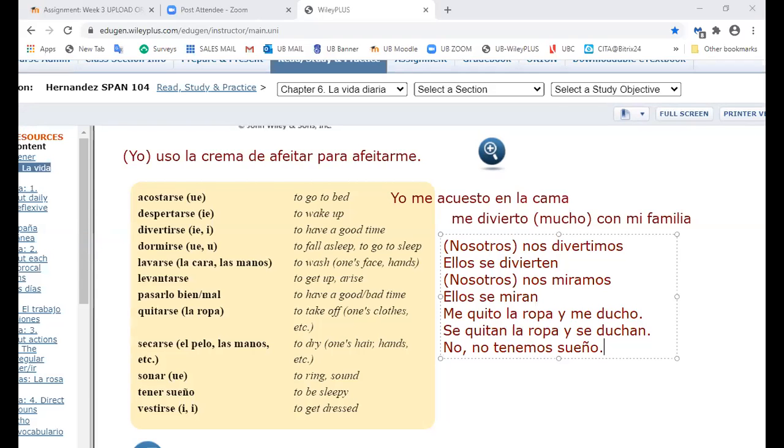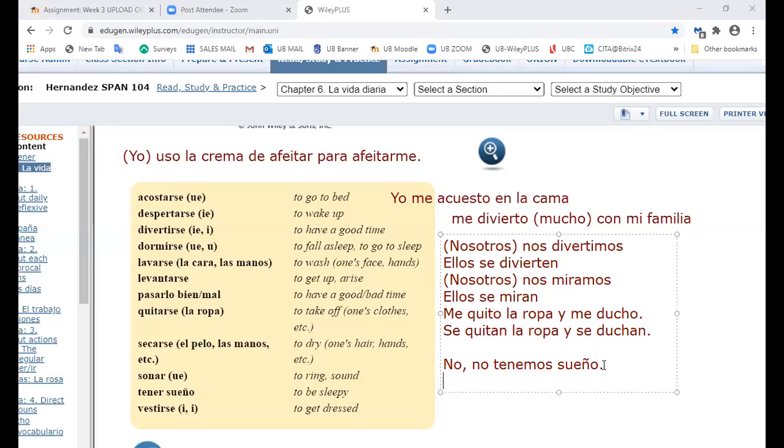Those verbs that were not reflexive, they are still to be used in the same way you learned them. Oh, okay. So when we use this after mañana, that's different. Well, mañana is just a complement of time. Okay. Do you understand the question? Sí. Okay.